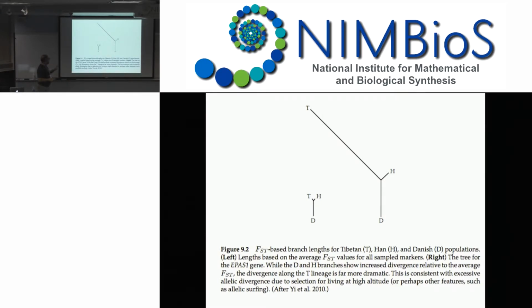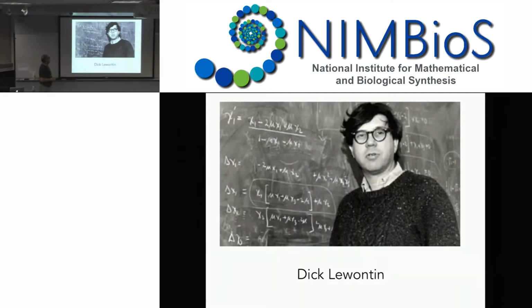So the key person that got these FST tests really interesting is Dick Lewontin, one of the more famous population geneticists. He has a very nice chatty book that came out in the 70s from Columbia University Press, fun to read.